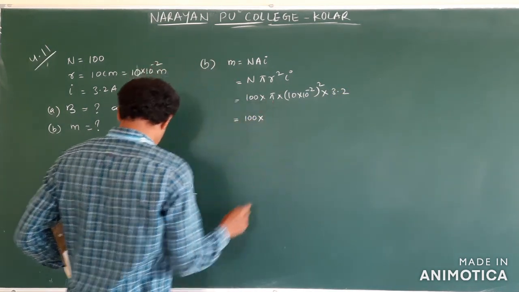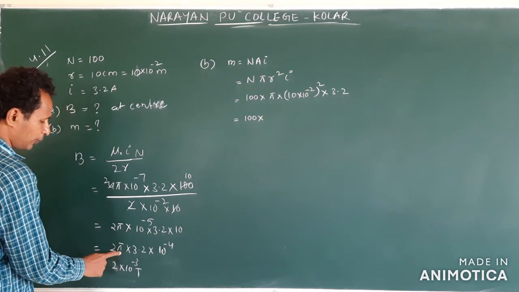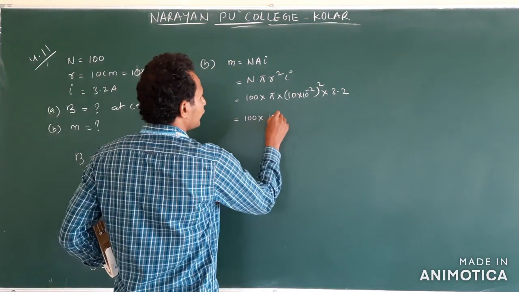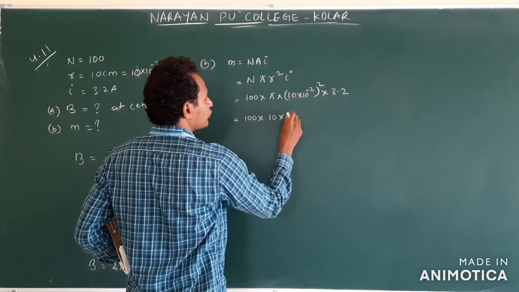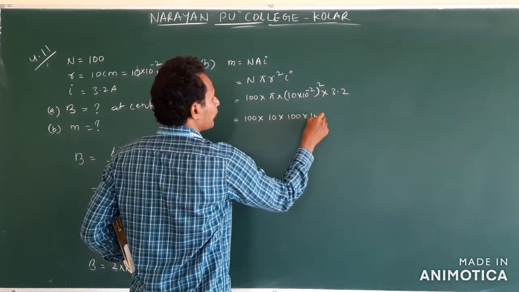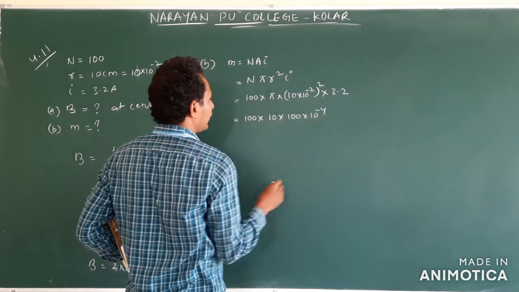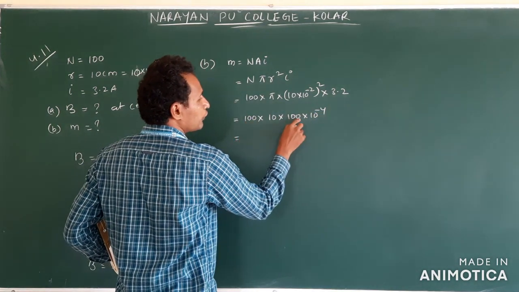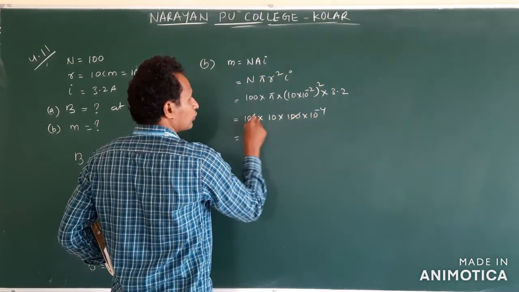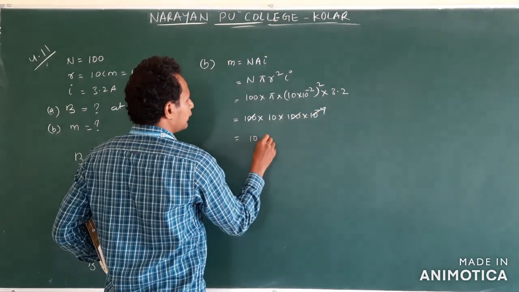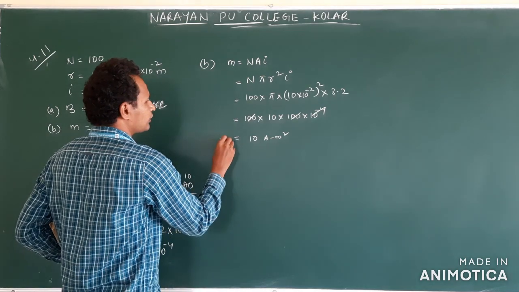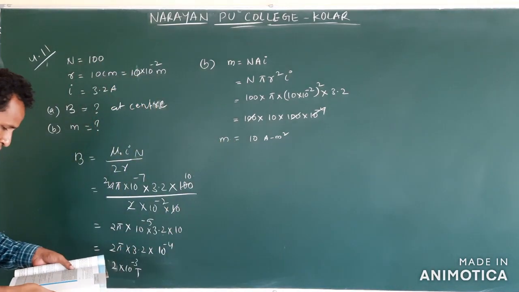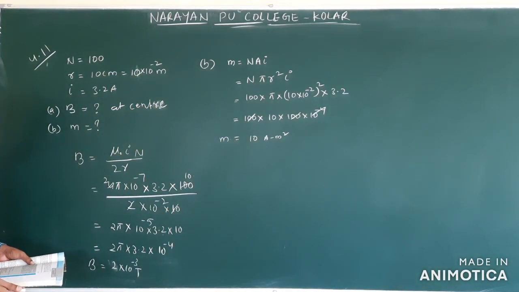Same consideration as before, we take pi as approximately 3.1. 10 square is 100, 10 power minus 2 square is 10 power minus 4. This cancels out. The result is 10 ampere meter square. What is this? Magnetic moment. Clear?